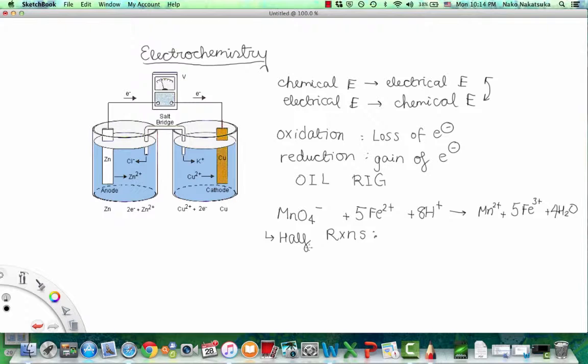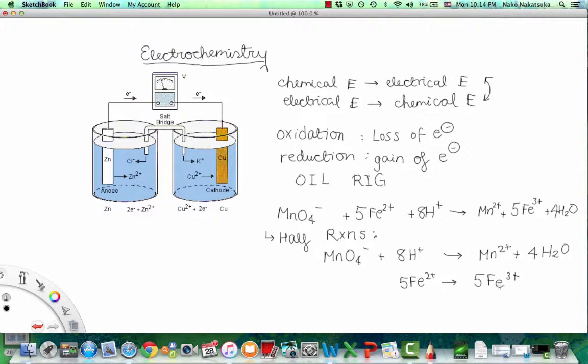Okay, so let's separate it into MnO4- plus 8H+, going to Mn2+ plus 4H2O, and the other one being 5 Fe2+, going to 5 Fe3+. So in this case, the one that's easier to look at is probably going to be the iron 2+ going to the iron 3+.